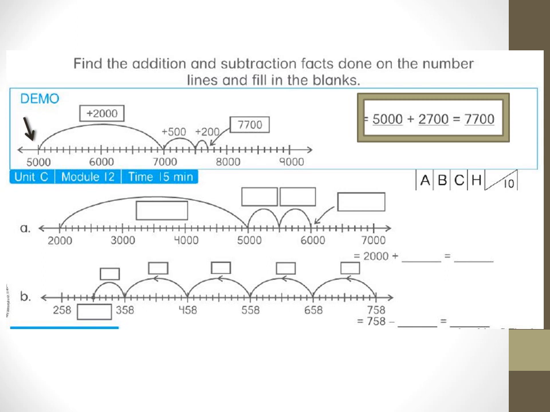So to concise it, we will start from a convenient point. Here our convenient point is 5000. So starting from 5000, we will add 2000 and we get 7000. Then we add a 700. 500 plus 200 equal to 700. So we totally added 2700 to 5000 and we ultimately got 7700.